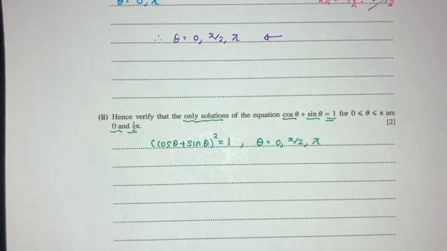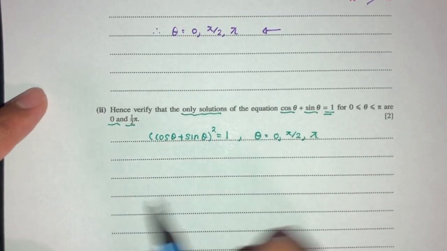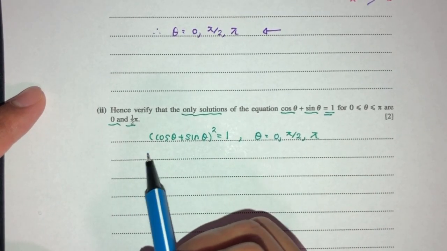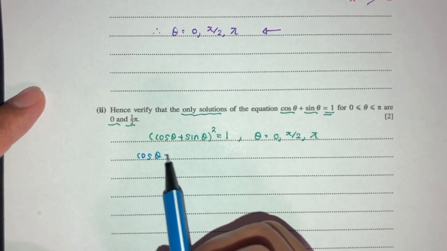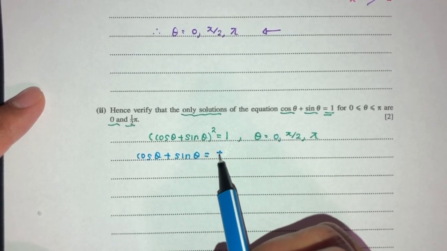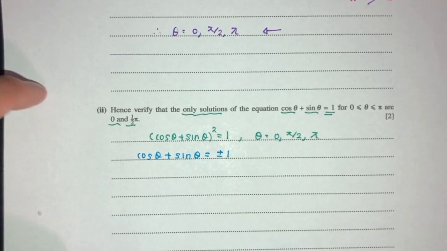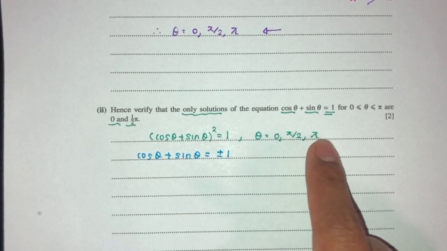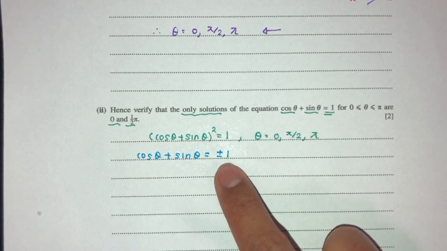So how can you use this knowledge? Again, we understand that if you were to remove the square, cos theta plus sine theta was actually solving this equation, plus minus 1, right? So when you have these three values, you were supposed to get 1 or minus 1.